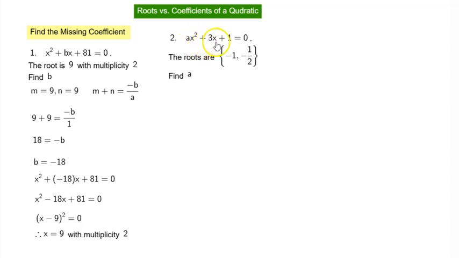Here ax square plus 3x plus 1 equal to 0 is given and the roots are minus 1 and minus half. We have to find the coefficient of x square, that is a. Again, m equal to minus 1, n equal to minus half. m times n is equal to c by a. m times n is minus 1 times minus half, which is equal to c by a, that is 1 by a.